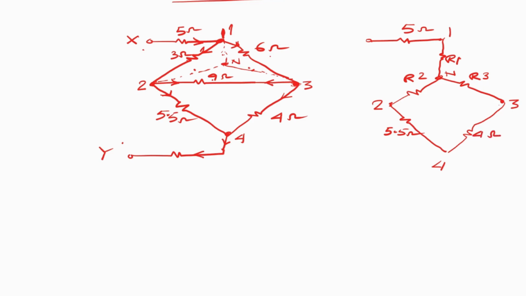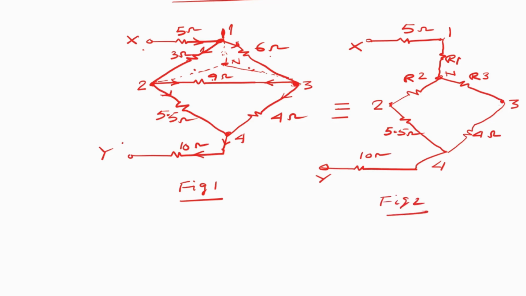Now think here, this is the same value, that is, you have drawn here 10 ohms. This is also 10 ohms. So this terminal is known as X, and this terminal is known as Y. This diagram is equivalent to this; this is figure number 1 and this is figure number 2.